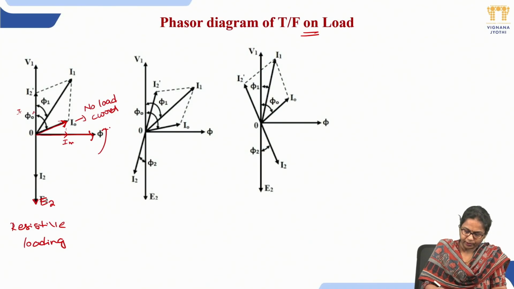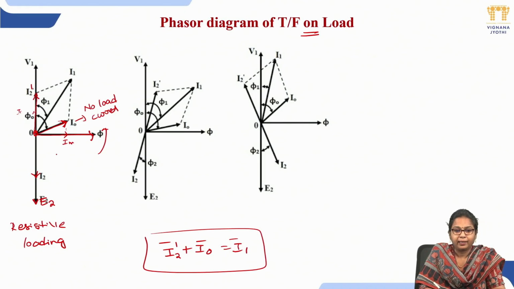With resistor loading on the secondary side, I2 will be in phase with E2. I2 dash, the load component of primary current, will always oppose it with a 180 degrees phase shift, and in order to obtain the primary current, we vectorially add I2 dash and I0 to get I1.